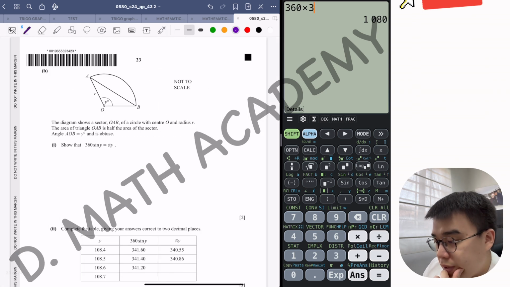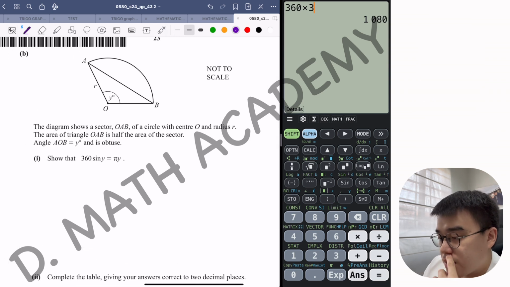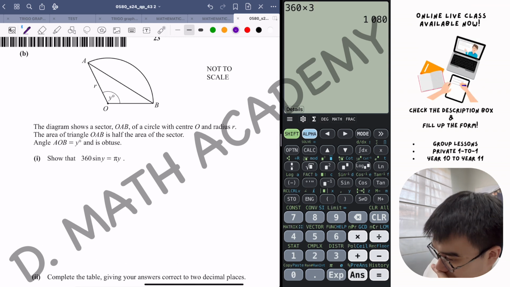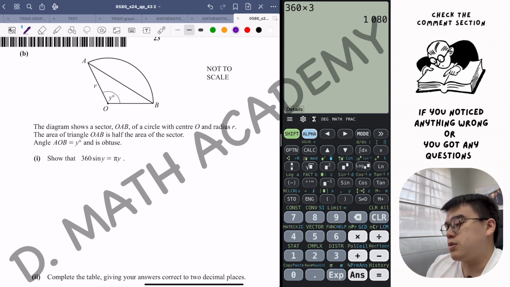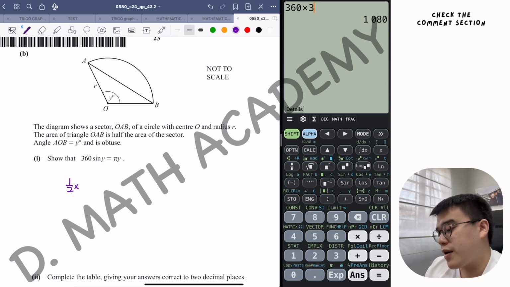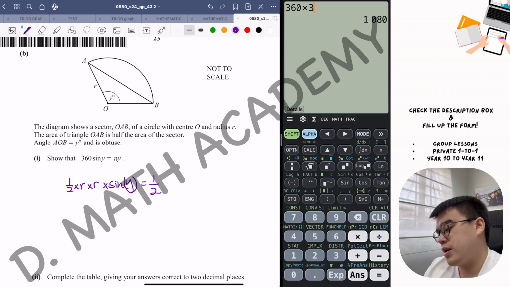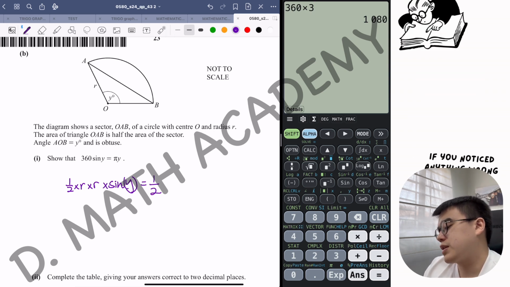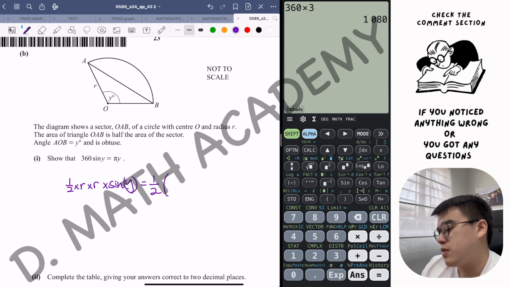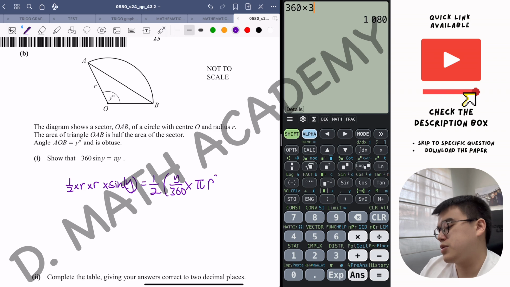Moving on to part B, they then test us about another concept. Okay, obtuse triangle ABC is half the area of the sector. So if I were to take half AB sine y, it will be half of the area of the sector. Area of the sector is y over 360 times pi r squared.